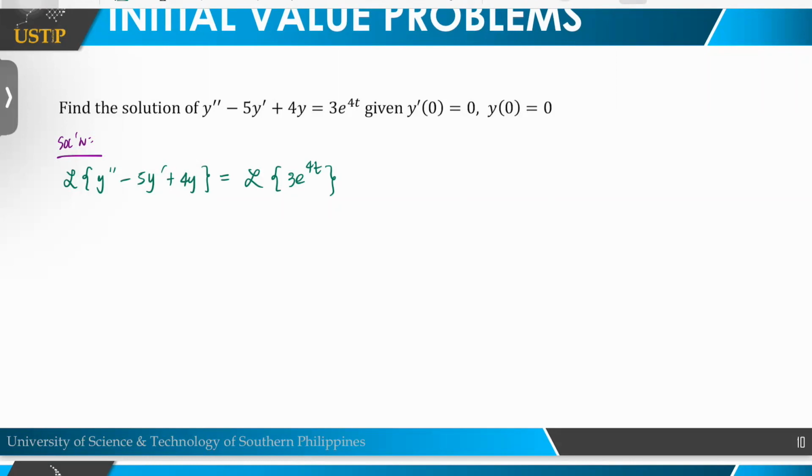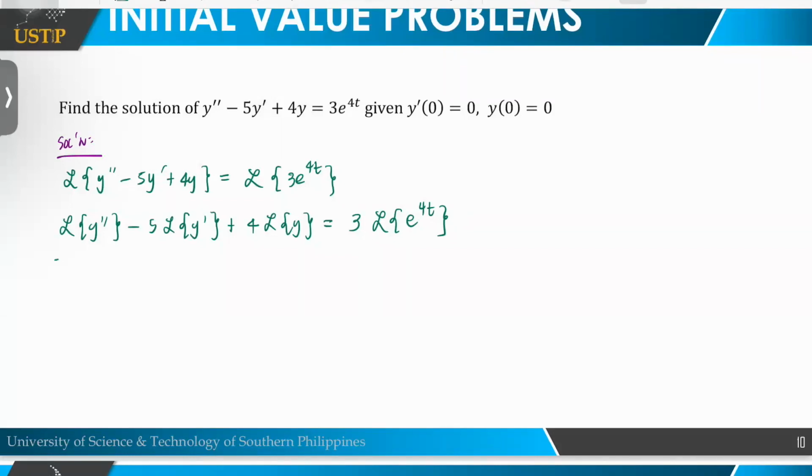So again, using the linear property of Laplace transform, it can be separated in this way. The constants come out, class. 3 is a constant, so that is the Laplace transform of e to the 4t.